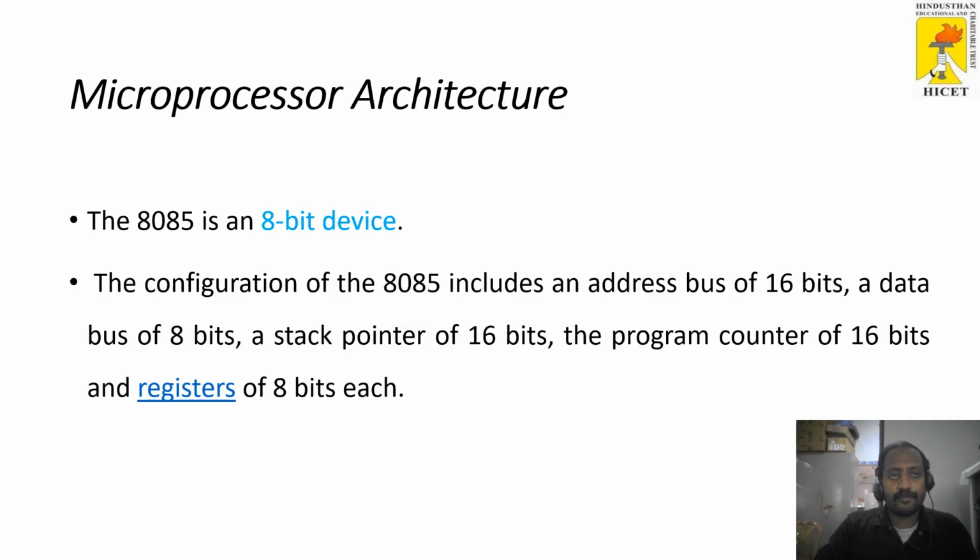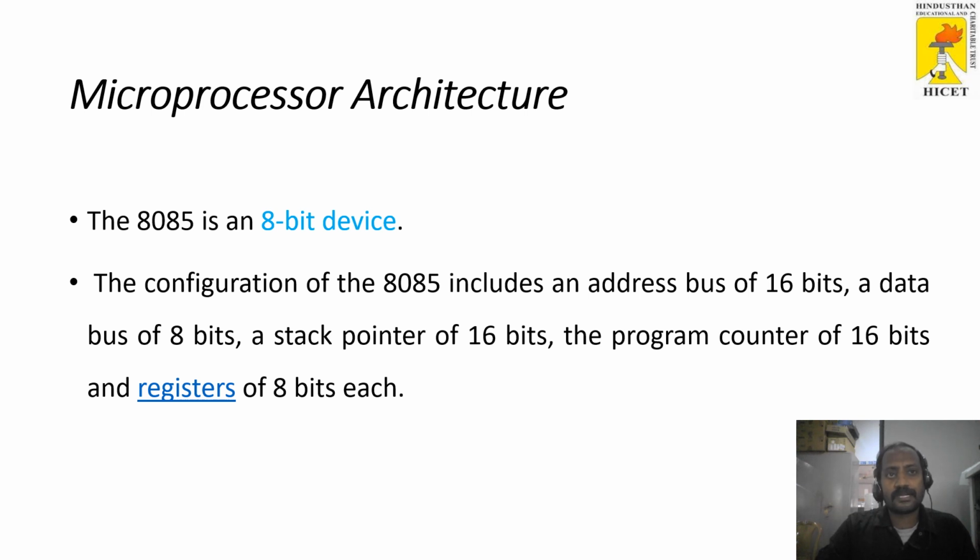The 8085 microprocessor is an 8-bit device. The central processing unit consists of one or more arithmetic logic units, that is ALU, registers, and a control unit. Based on the registers, the generations of the microprocessor can also be classified.